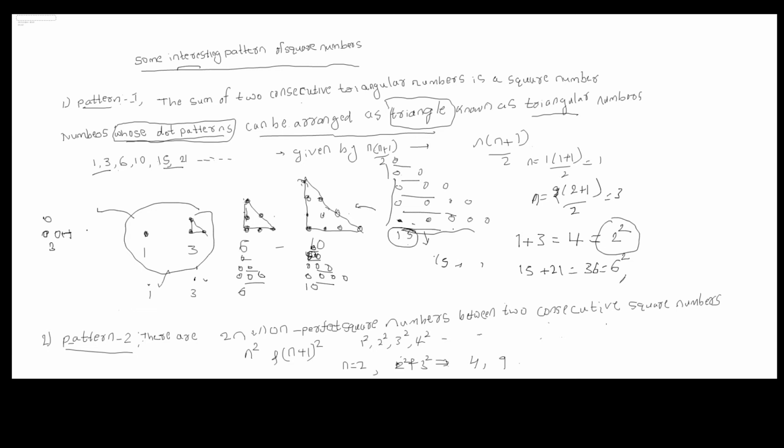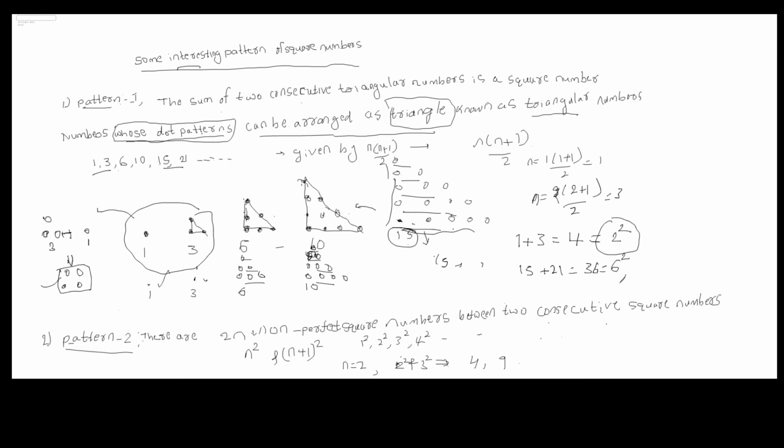Plus 1 I will dot. I will add the dot, this dot here. What does it become? It becomes a square. This is how we can conclude even from dots also. That's why I am telling this is very interesting. The sum of two consecutive triangular numbers is a square number.